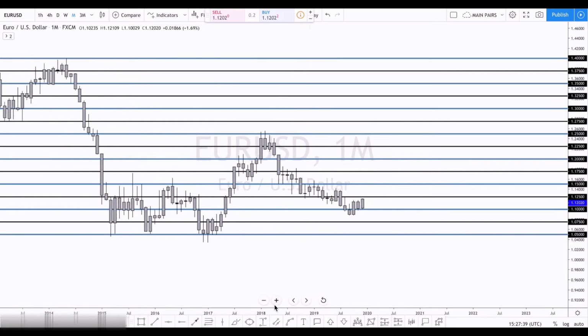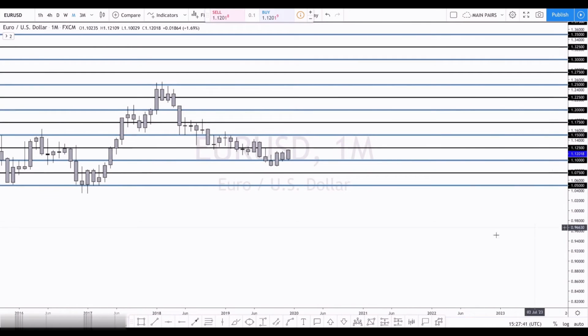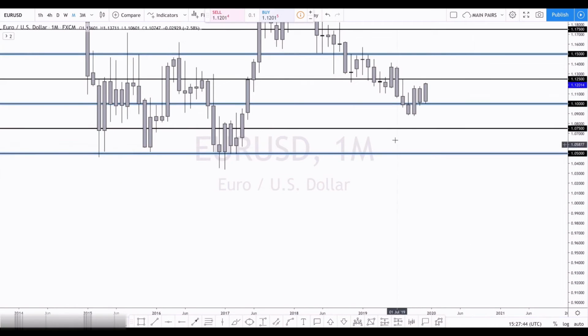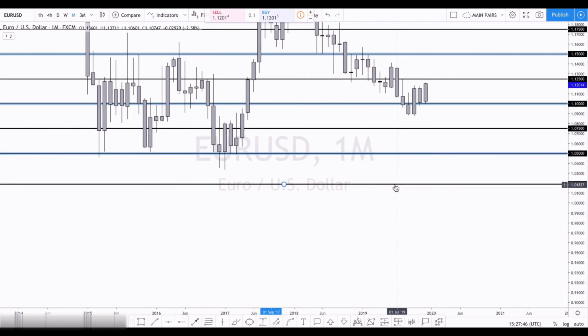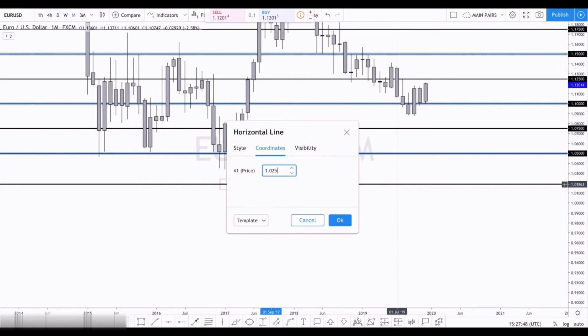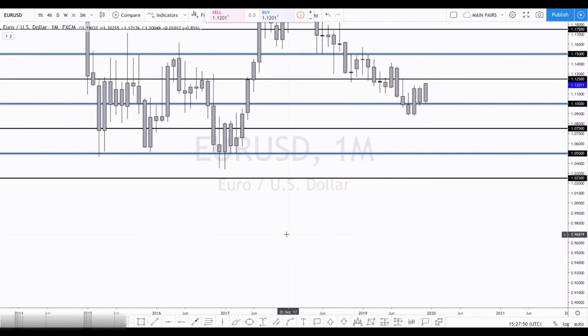So now you've completed putting all your key lines in. In case price does break, here we've got 1.025, which would be the next downside target.